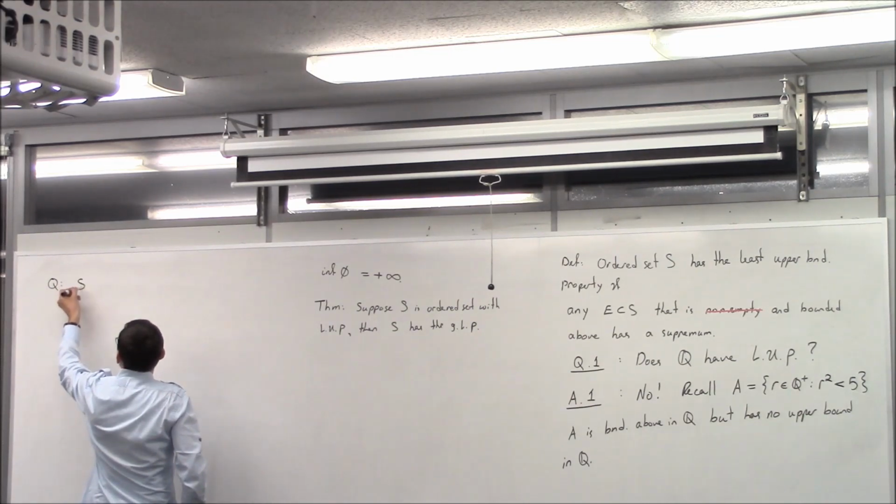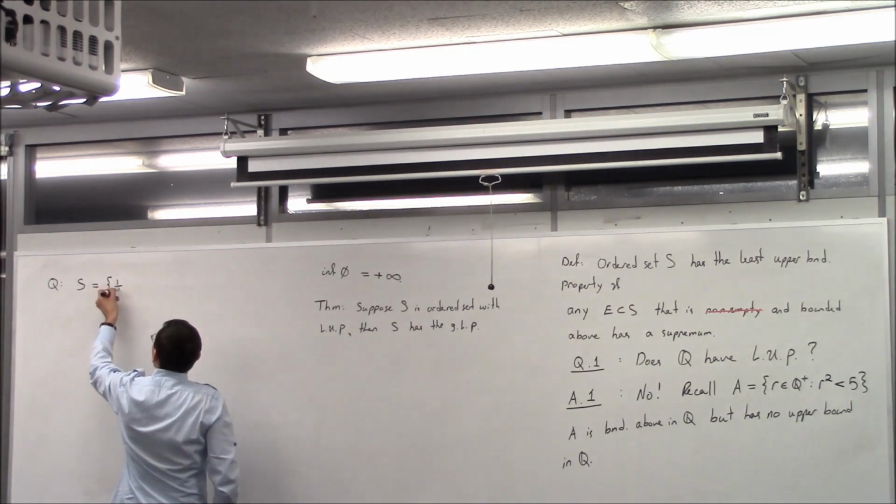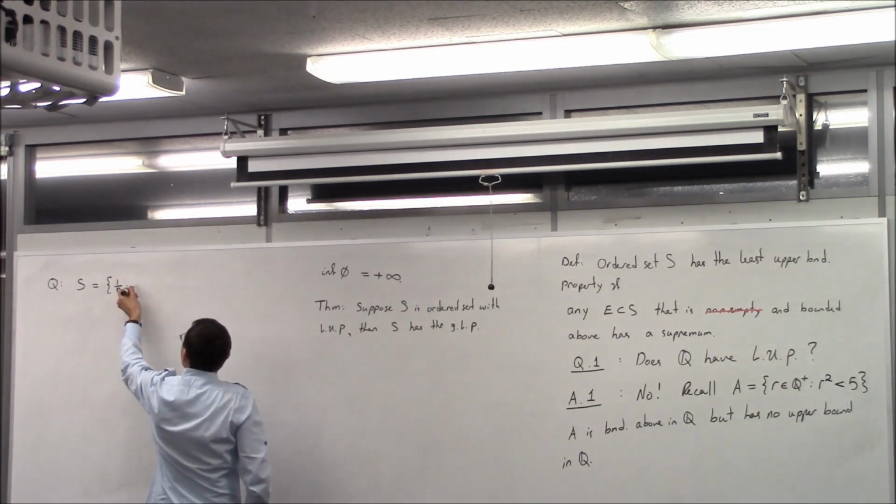So we take S to be the set 1 over n, where n is a natural number.